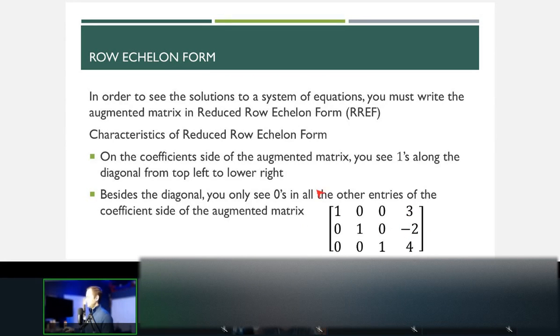We only care about what's in the diagonal. The diagonal reaches from here to here, so we only care about this 3 by 3 square. All have to be ones in the diagonal, and everything else must be zeros. Those are the two characteristics of reduced row echelon form. Your last column could be anything.